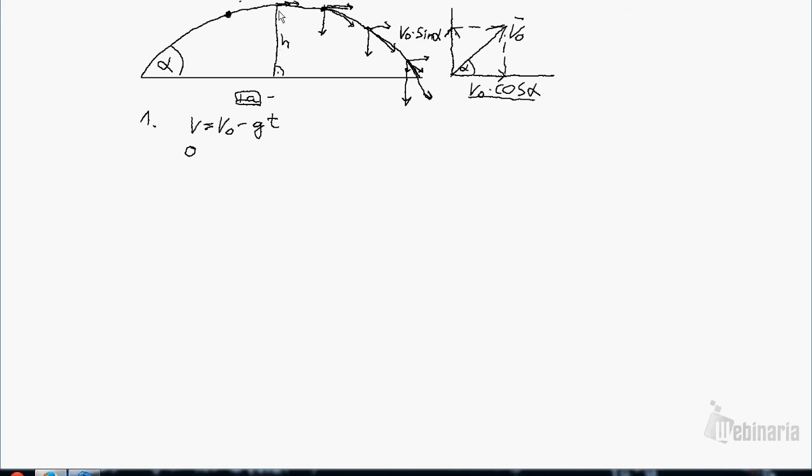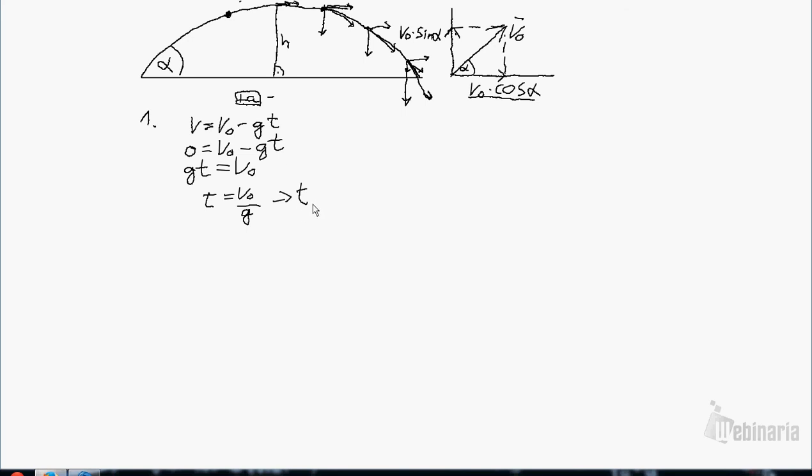Well, we want to define the time at that point. It means our final speed equals our starting speed minus G times T. So we know that our body just stopped moving here, I mean vertically. Horizontally it still moves, but here this is the highest point, this H. So vertically it stops here, so that's why the speed is 0.